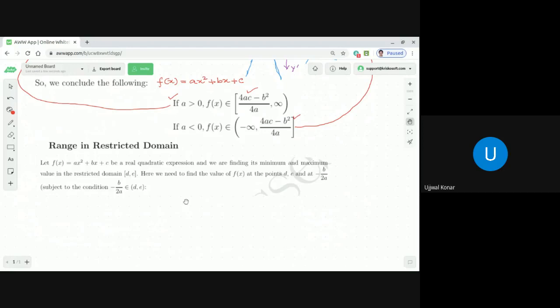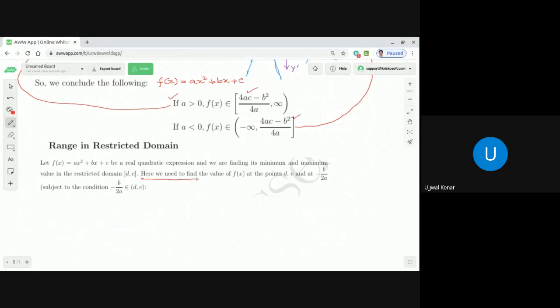What we need to do, to find where the function will be maximum, where the function will be minimum, and what is the range in which the function value, that expression value, will reside. For that, we need to find the value of that expression f(x) at 3 points. First point is d, second point is e, and third point is at minus b by 2a, subject to the condition that minus b by 2a is in the open interval d to e.